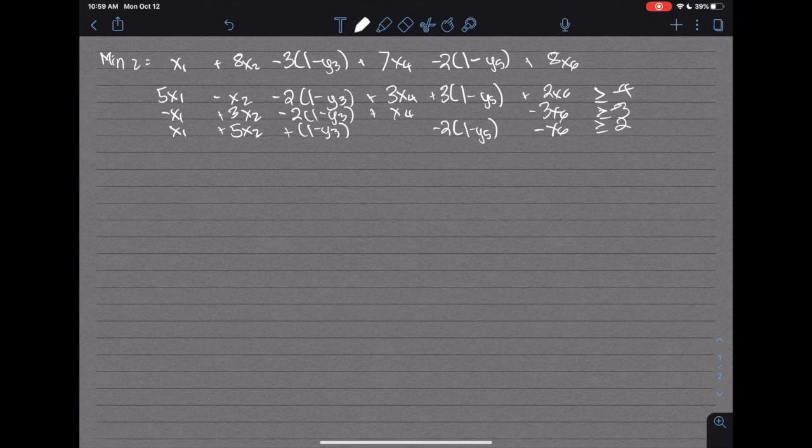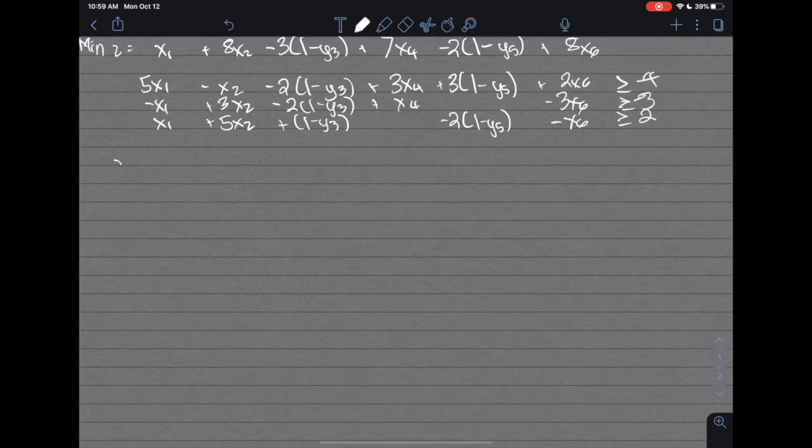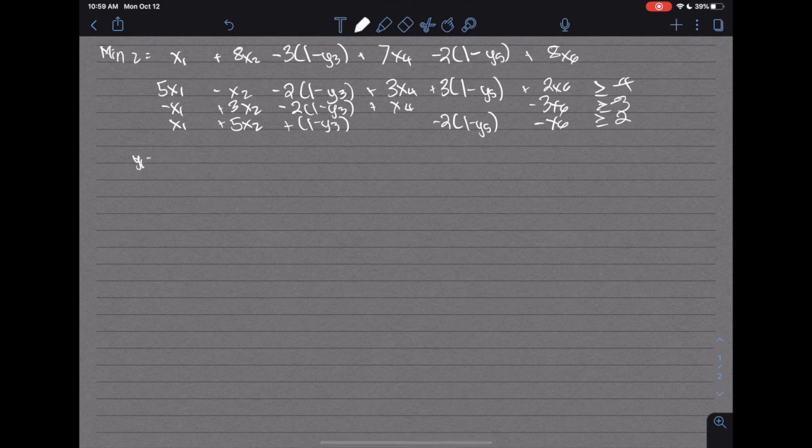So y1 is equal to x1, y2 is equal to x2, y4 is equal to x4, and y6 is equal to x6. So in the next line, I will also apply this transformation. So after evaluating all of these, I will get the transformed equation y1 plus 8y2.